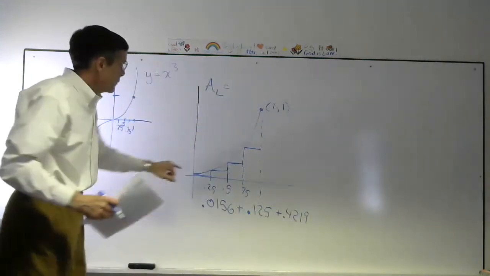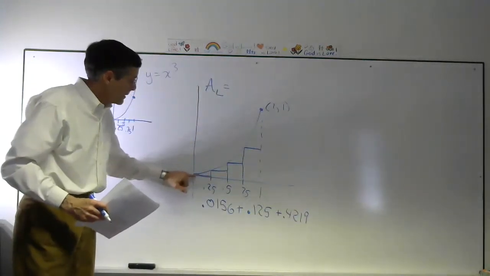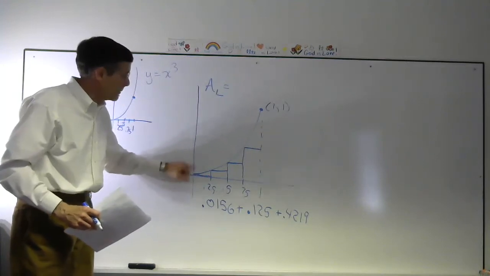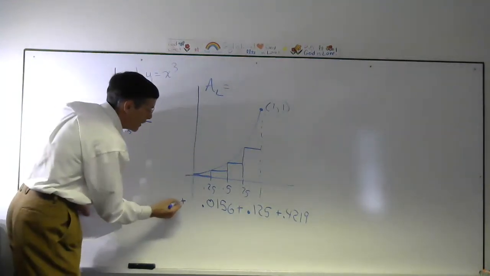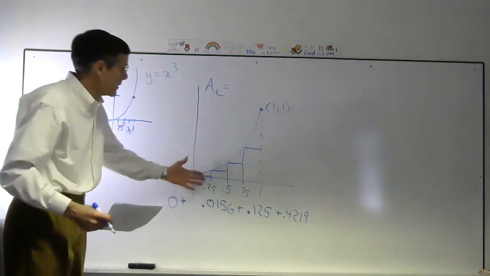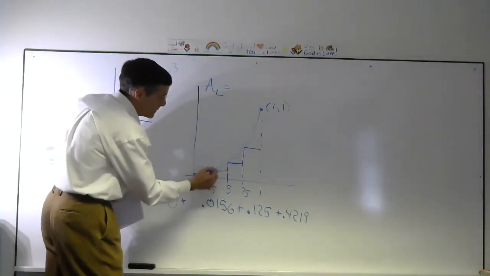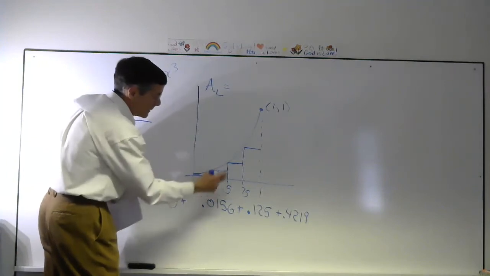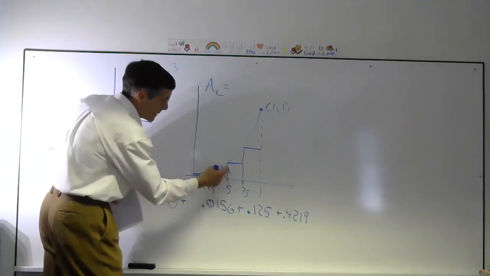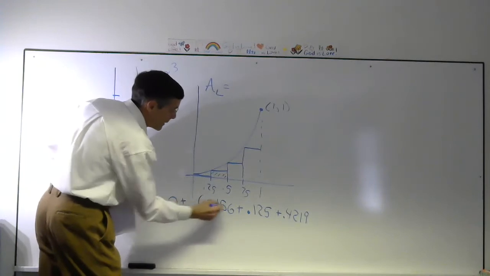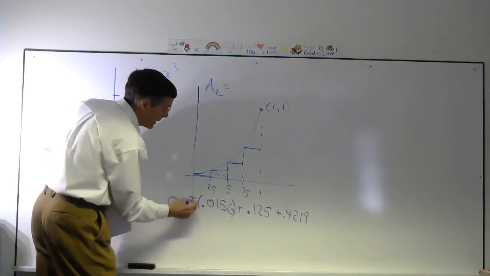Okay? If you take length times width, length 0.25 times 0 is 0. That one's gone. There's no area in that first rectangle. For the next one, I've got to take the height 0.0156 times 0.25.